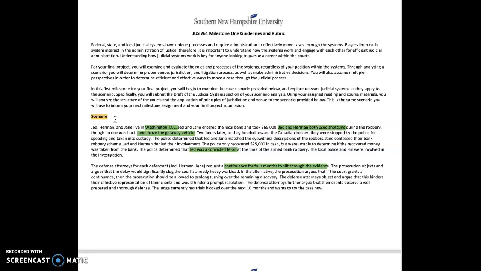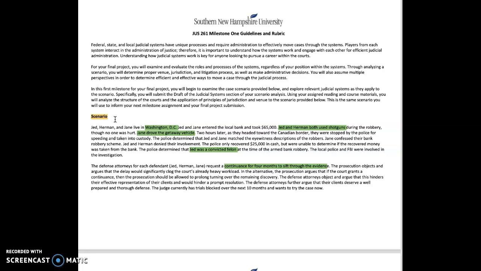There will be certain questions in Milestone 1, Milestone 2, and the remaining critical elements that are going to apply to the scenario. So you'll need to be familiar with the scenario fact pattern.